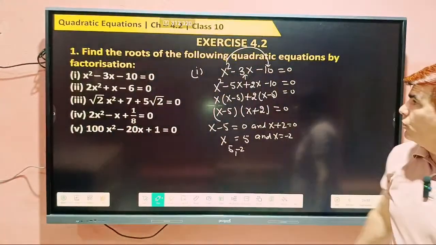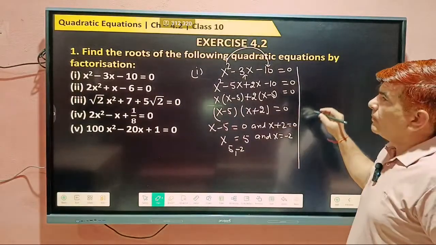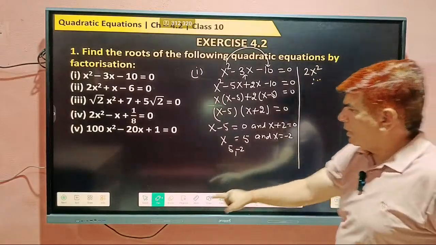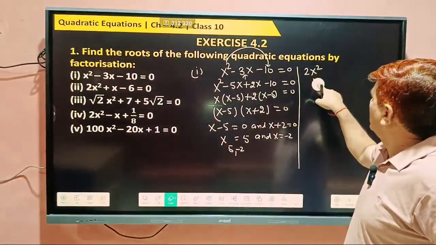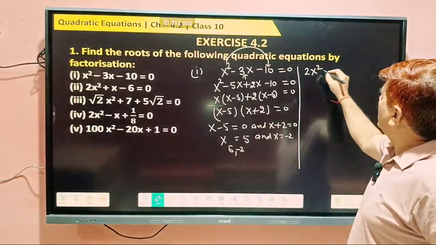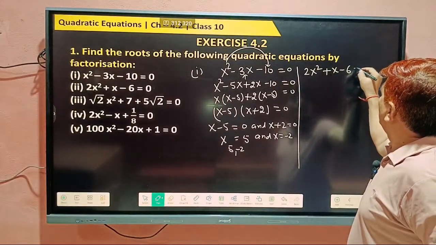Similarly, the second part is given. We can solve the second part here also. No problem. It is 2x square plus x minus 6 equal to 0.